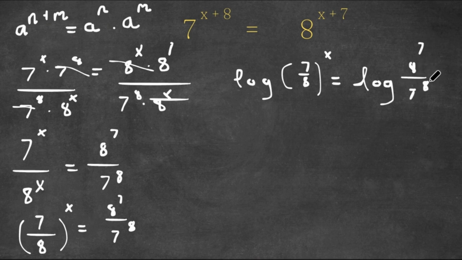And the power property of logarithms states that if we have a power in the logarithm, which in this case is x, we can move this to the front of the logarithm. So now this is going to be equal to x times log 7 over 8.